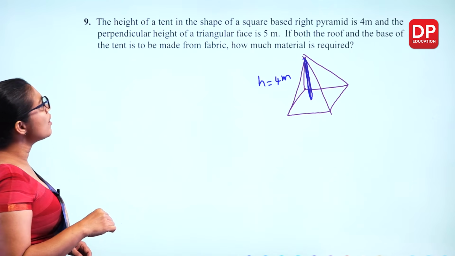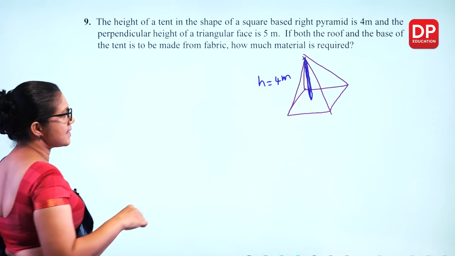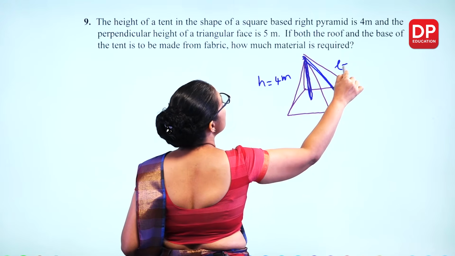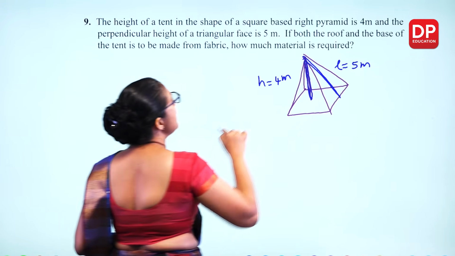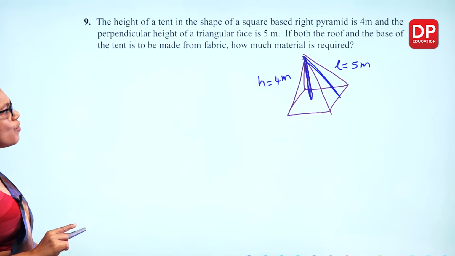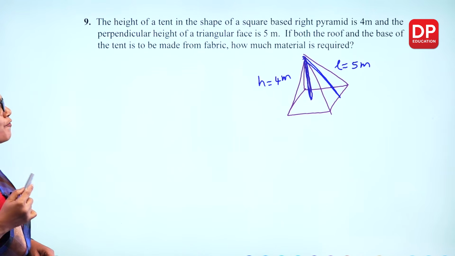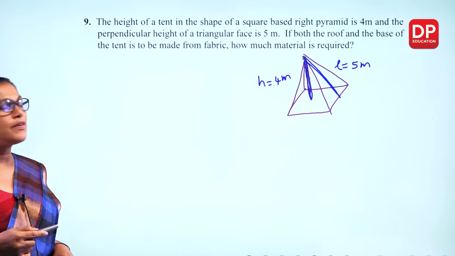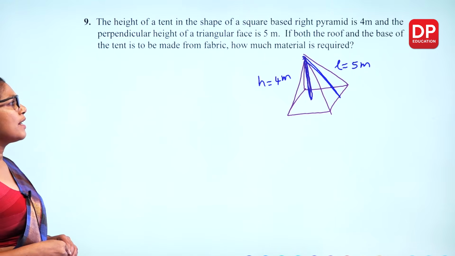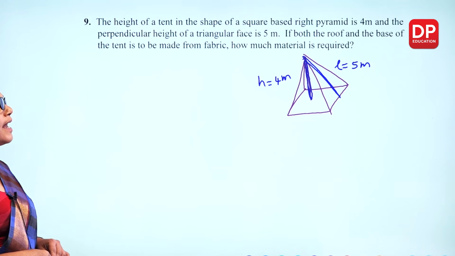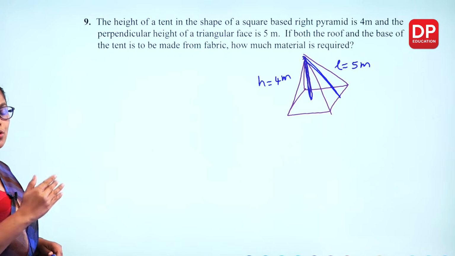And the perpendicular height of the triangular face, that means L, is given as 5 meters. If both the roof and the base of the tent is to be made from fabric, how much material is required?